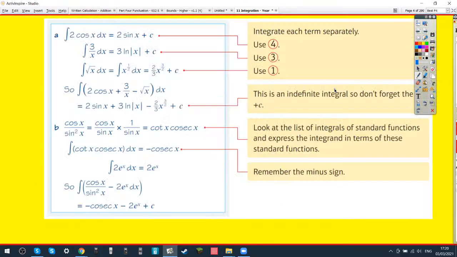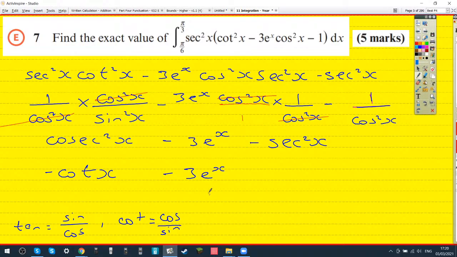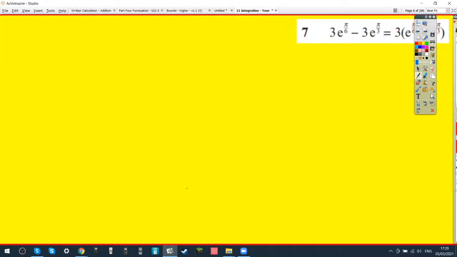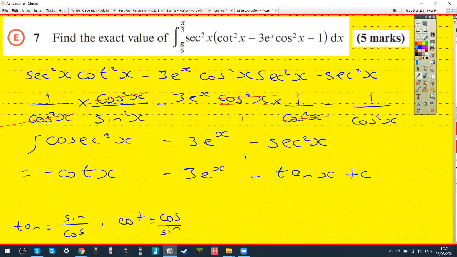So it's minus tan x plus c. That's it. Oh, that's not it. And then we have to do this integration here.